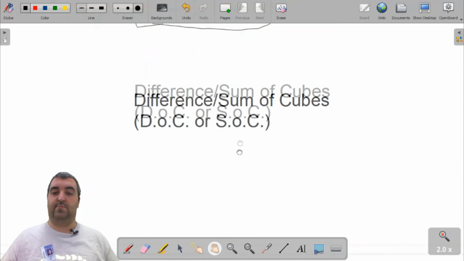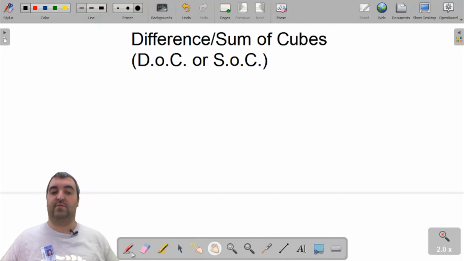The other type of factoring has two different ones here. There's difference of cubes and there's sum of cubes. Sometimes you'll see it abbreviated as DOC or SOC. What these are is when you have something cubed, and for difference it would be a subtraction, and then something else cubed.